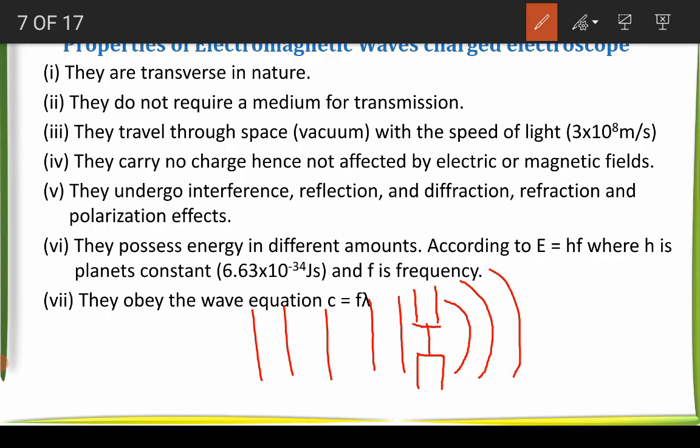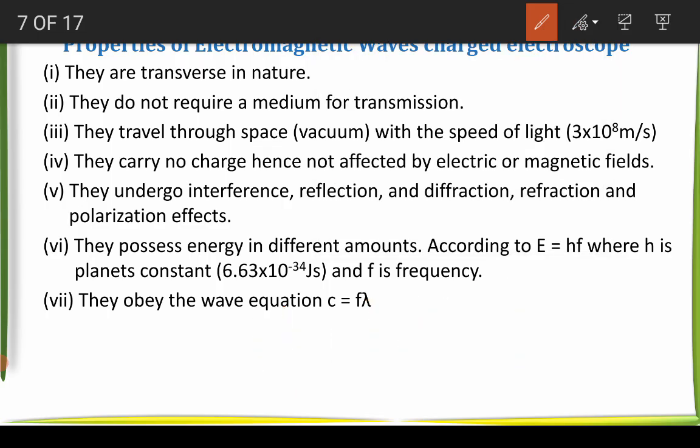Usually it's because of the increase in pressure between the two objects. So the increase in pressure will cause them to bend. So this bending after passing through the gap here is what is called diffraction.